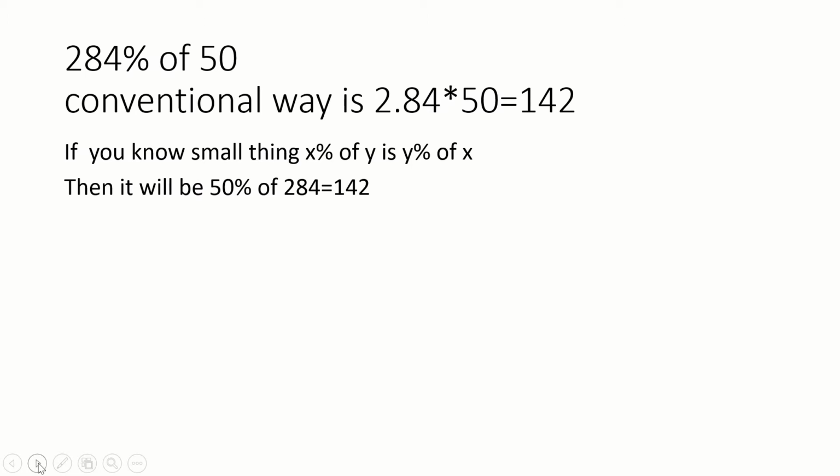In this video, we will see time and distance, time and work, and money and consumption type problems by using the percentage concept. Before going to these problems, we will know some basic things.